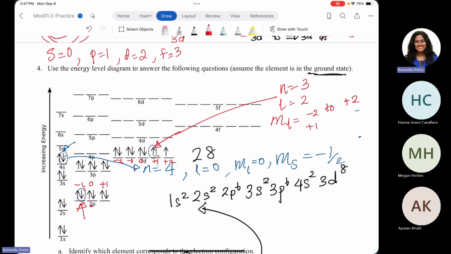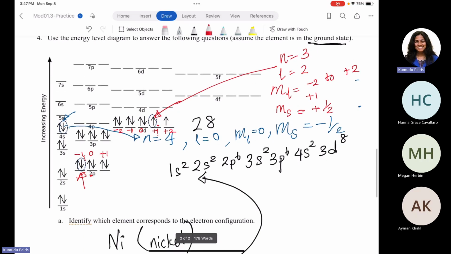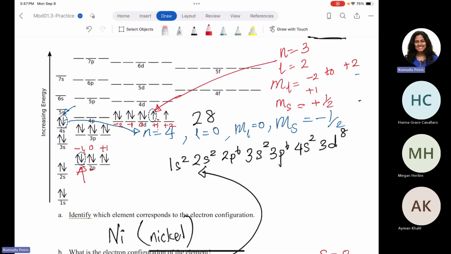Next, we'll look at the spin. That electron is pointing up, so you will say it is +half. In this question, you have to give the specific number for ML because a single electron was highlighted.